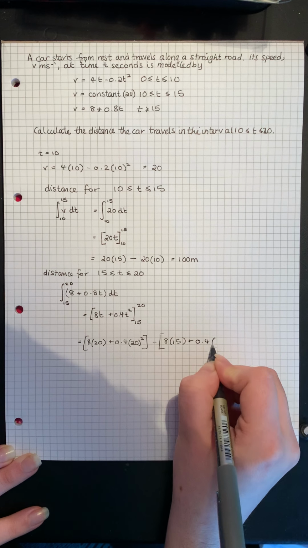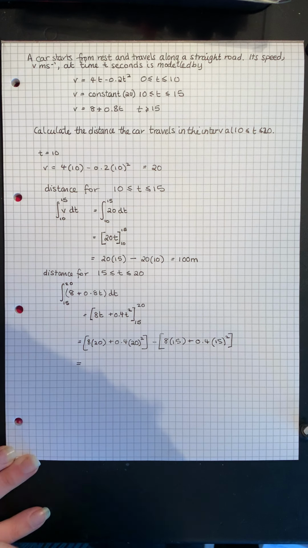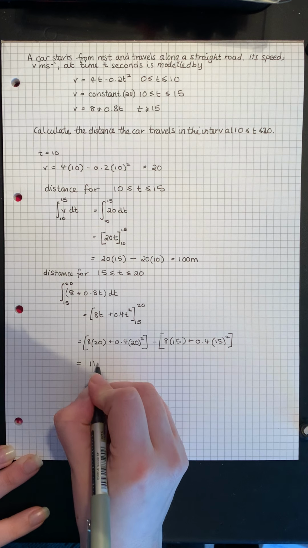Then we can work that out by putting it in a calculator, and we get 110 meters.